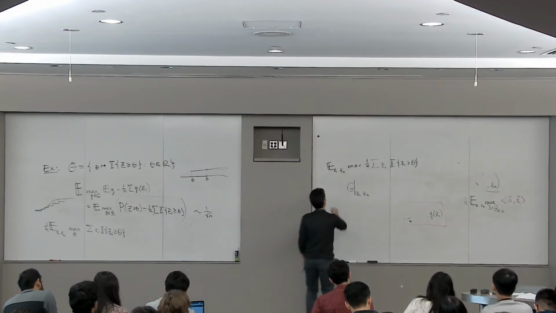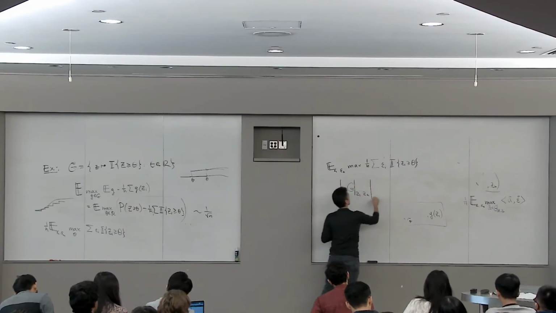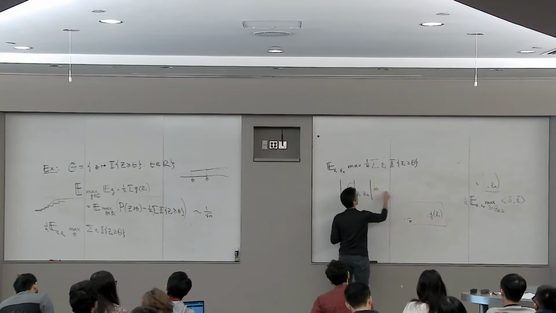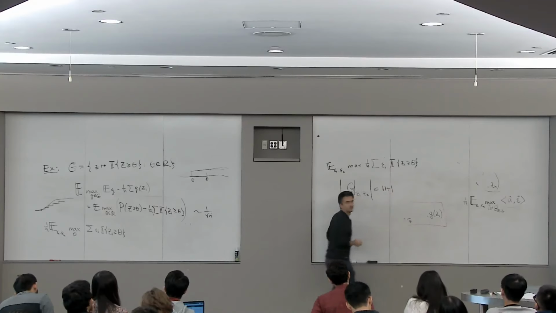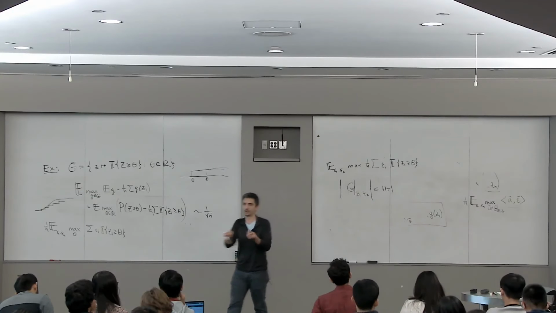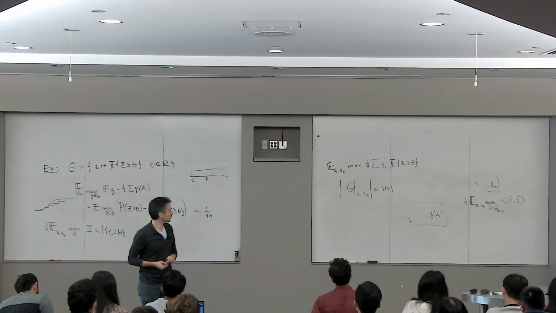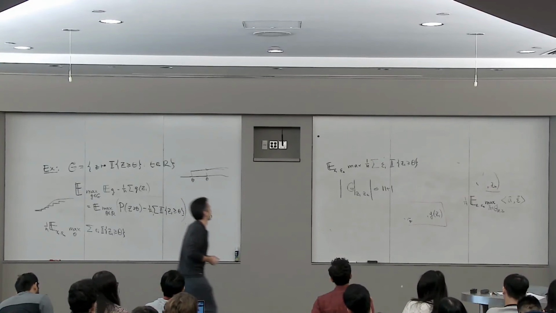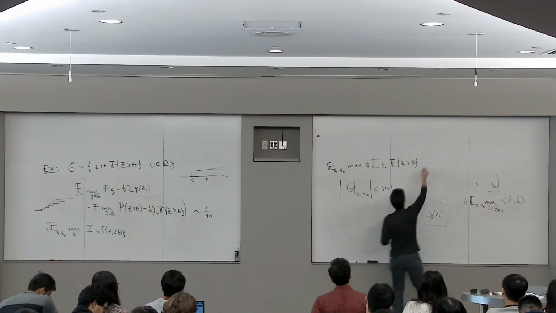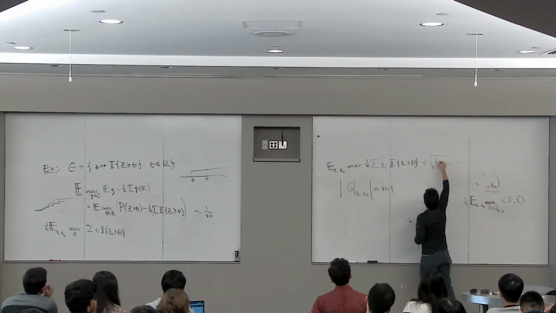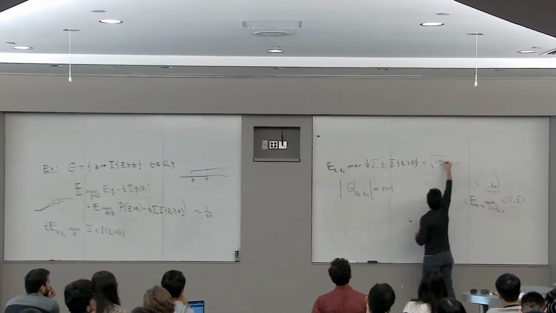The cardinality of this set is at most n plus 1. It's equal to n plus 1 if all the points are distinct. But we know what happens there. It's upper bounded by the square root of log cardinality, which is log of n plus 1.